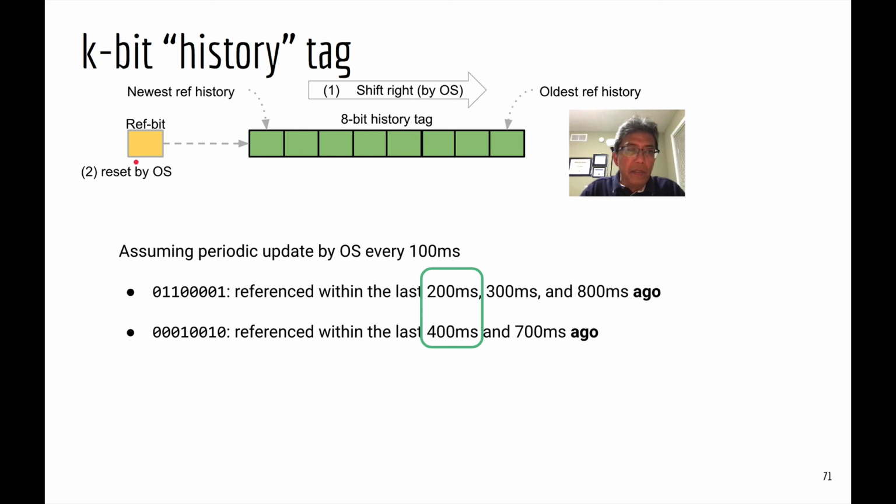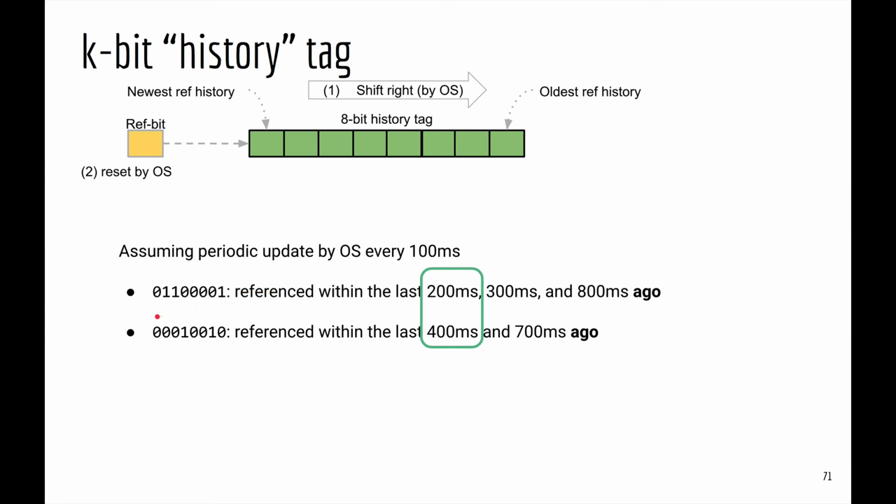After the operating system injects that bit into the tag, the reference bit is reset to 0. Let's say the system inspects the reference bit every 100 milliseconds. This bit will tell us what happened in the last 100 milliseconds, this bit will tell us what happened in the last 200 milliseconds, and so on.